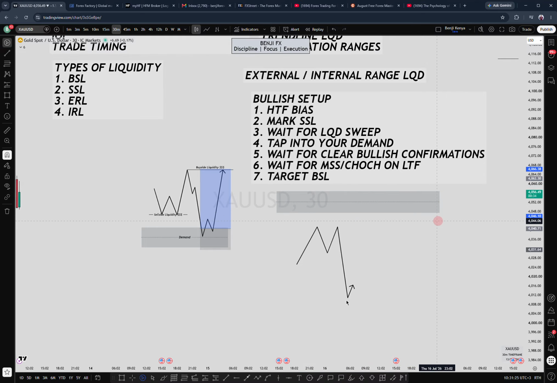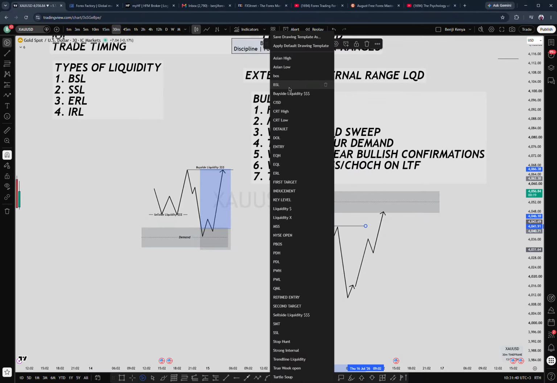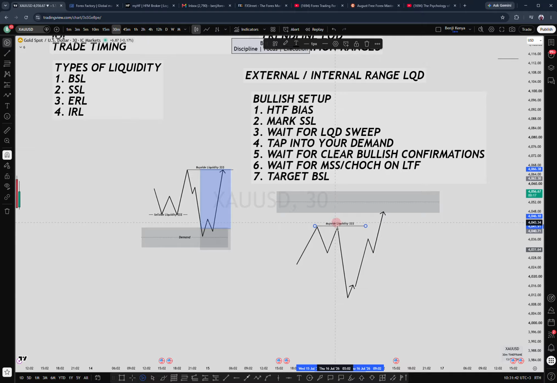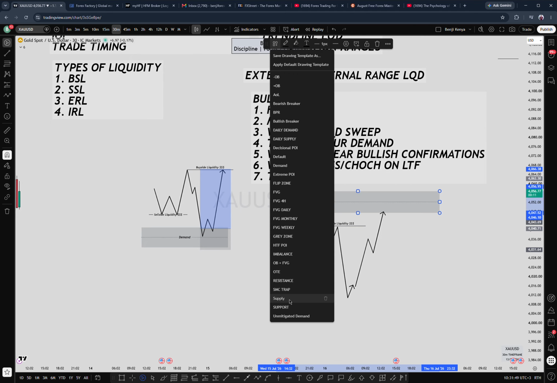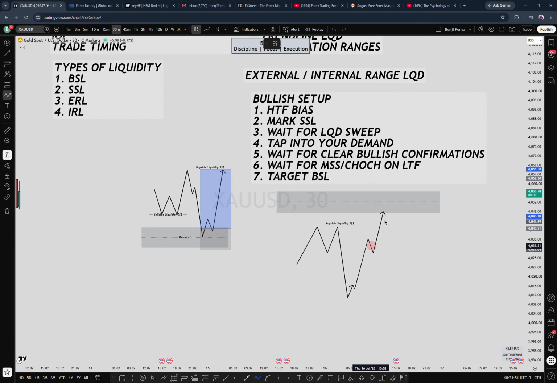We use more advanced concepts on liquidity to be able to understand them. The market is going to come and take out this buy side liquidity. Once the market takes out the buy side liquidity, it taps into our higher time frame key supply region. Then from here we can wait for clear bearish confirmations.